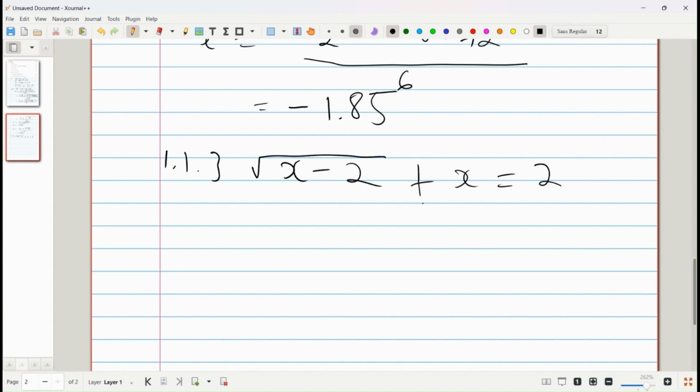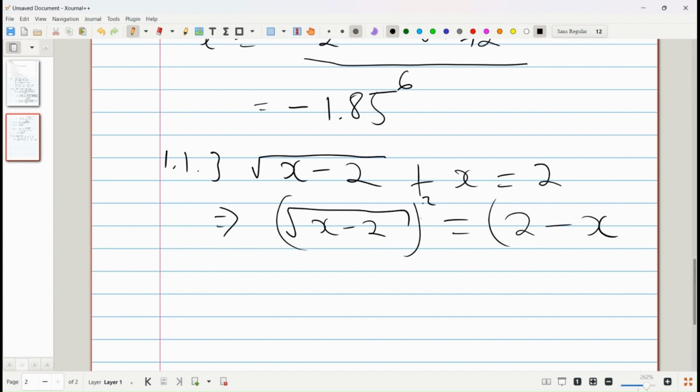So the next step here, you need to say square root of x minus 2 will equal to 2 minus x. In order to get rid of this root here, you need to square both sides.